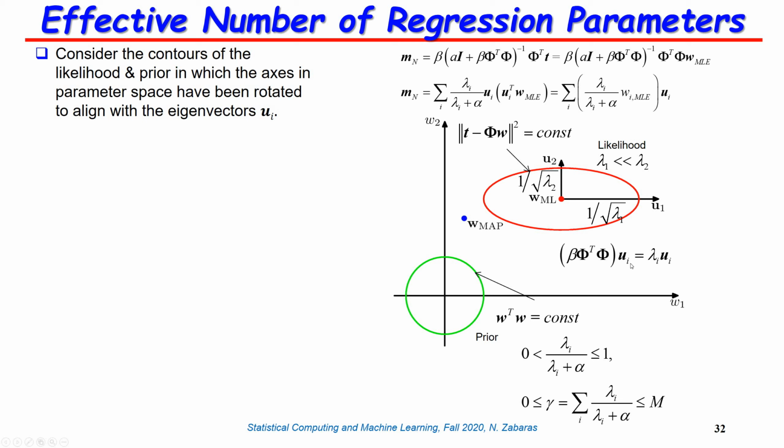So ui are the eigenvectors and lambda i the eigenvalues of beta phi transpose phi, and when you plug this into the posterior mean estimate, you can write the posterior mean in the directions of ui, where inside the parentheses I have these projections. Lambda i over lambda i plus alpha is what we have seen before, and wi MLE is nothing else but the projection of the MLE estimate in the direction ui.